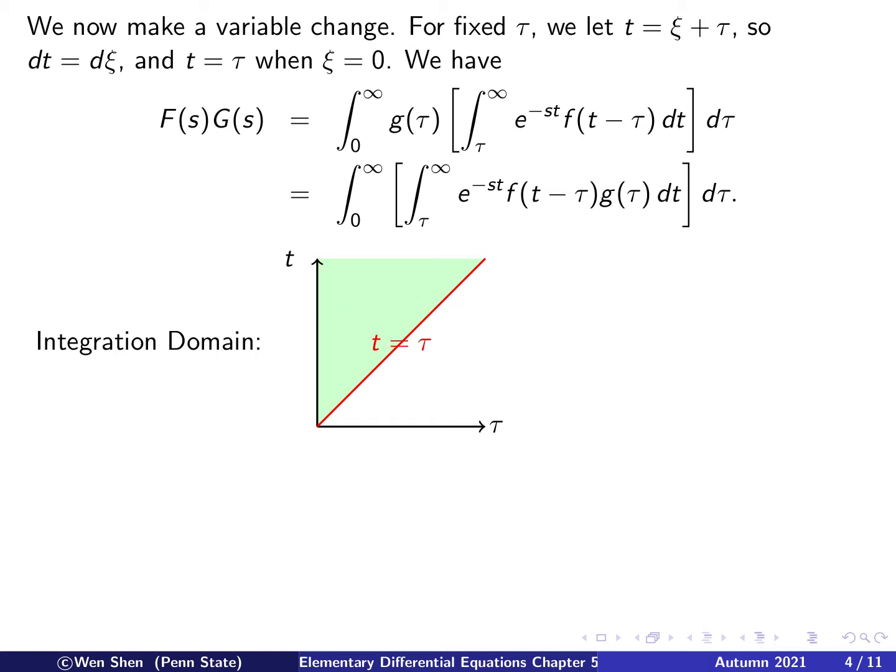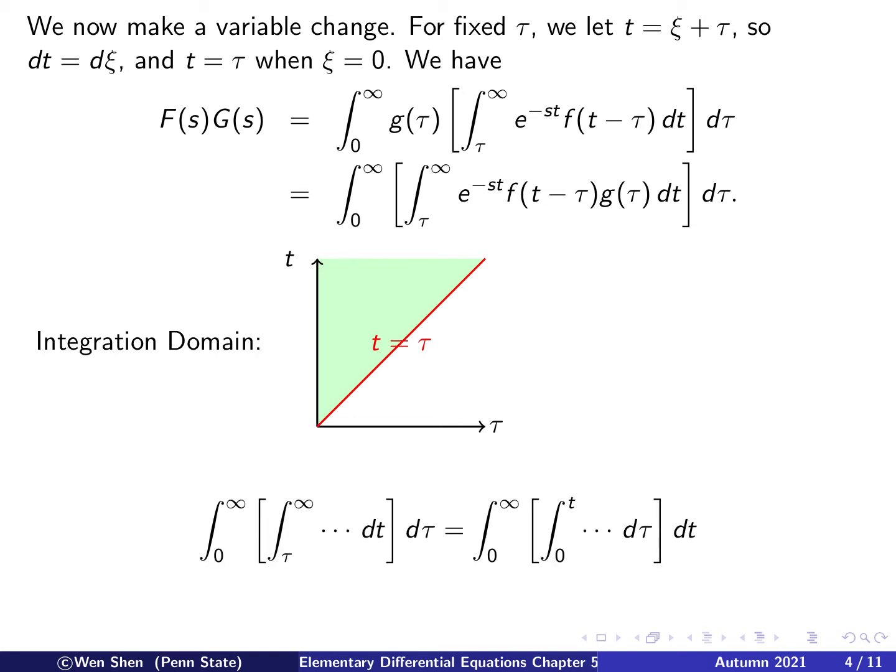And then one can switch the order of integration and write the integral in a different way. Let's say we move t to be the outer integral, so let t run from 0 to infinity, and then for every given t, what is the tau value? The tau value will be from 0 to t.